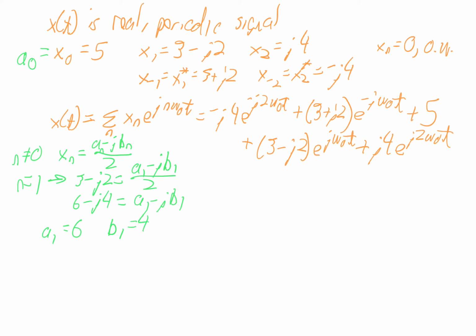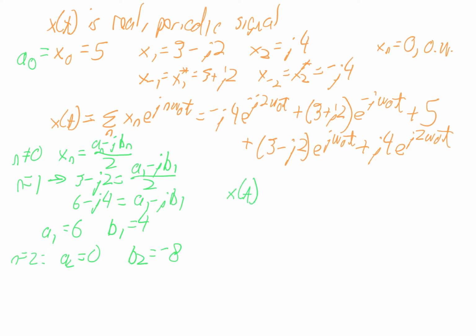Then for n equals 2, we do the same thing, and we get a of 2 is equal to twice the real part of x2, so 0, and b of 2 is equal to negative twice the imaginary part, so negative 8. Now, these numbers allow us to write it in sine-cosine form.